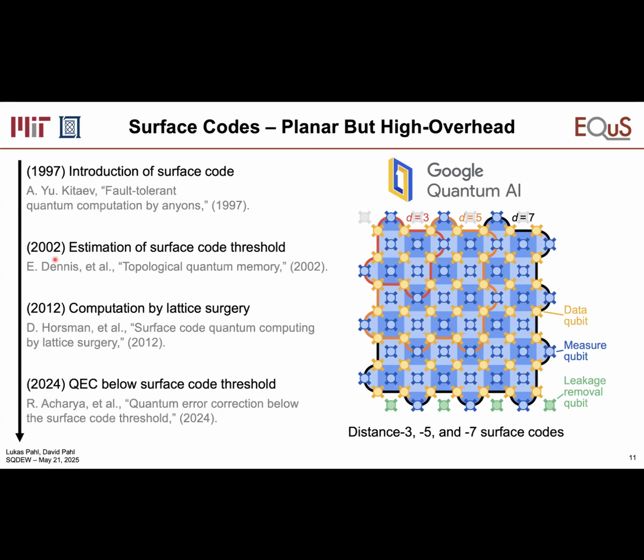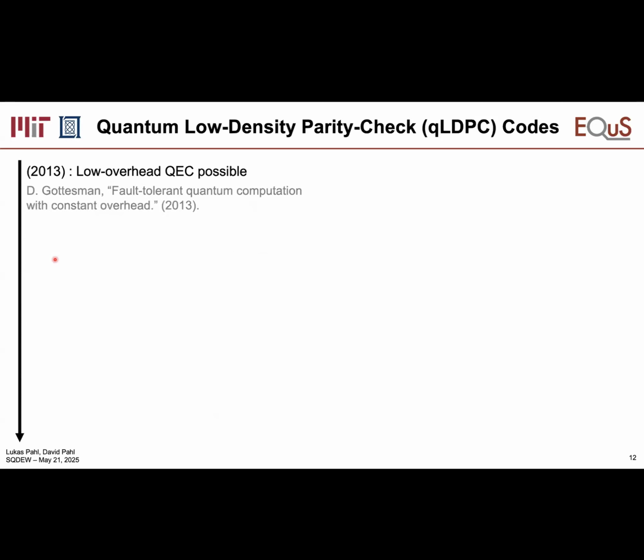And then I'll look into a very different kind of error correction, these so-called quantum low-density parity check codes. That's a mouthful. We abbreviate them as QLDPC, still a mouthful. It's a different parallel track to the surface code. The idea is we can get maybe more efficient error correction if we have slightly different codes.